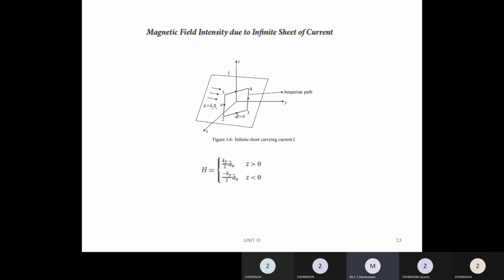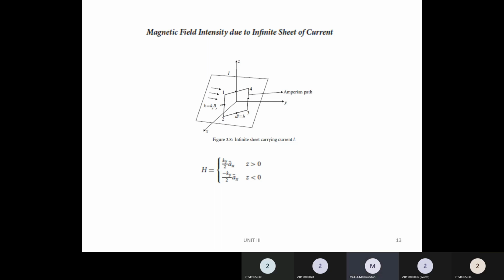So far we have seen the finite conductor and the circular coil. Now for the infinite sheet carrying a small amount of current, what will be the magnetic field intensity? Here we represent it in terms of current density.